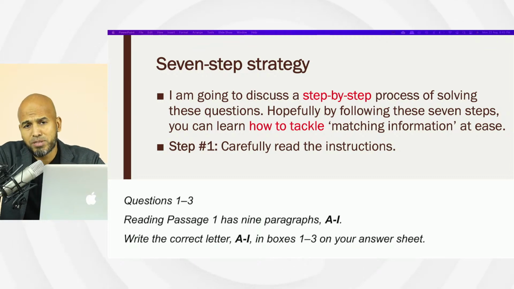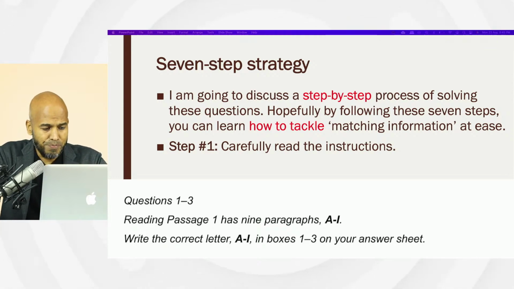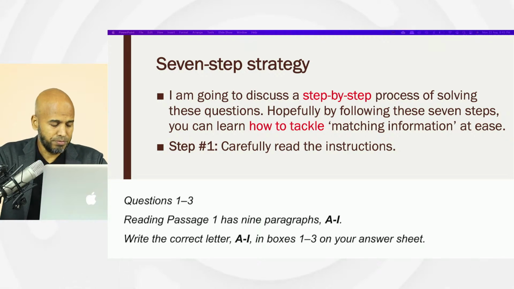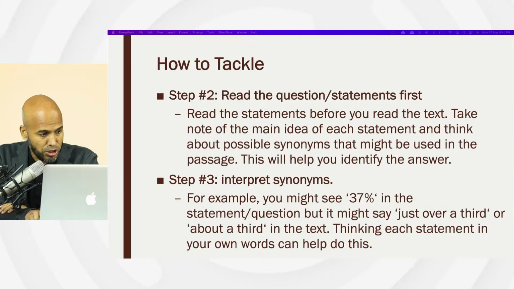Because sometimes the instructions might tell you not to read A or B or C, which might be ignored. Or the instructions could say read from B to I, or B to G, whatsoever. So do not ignore the instructions.